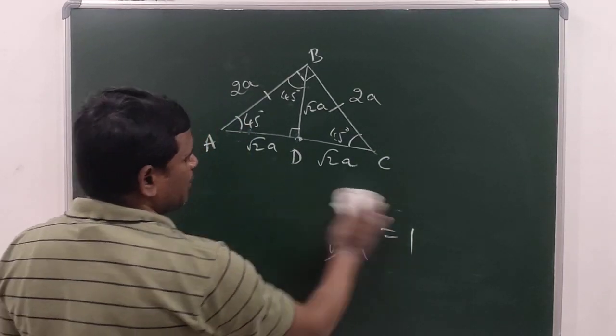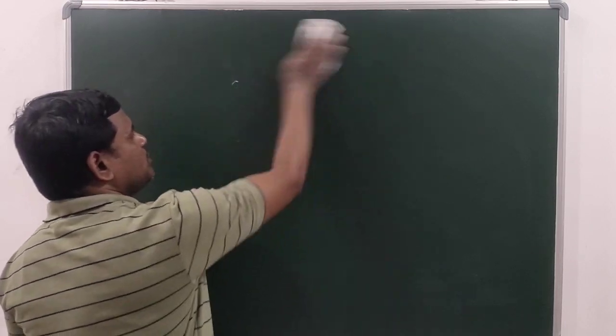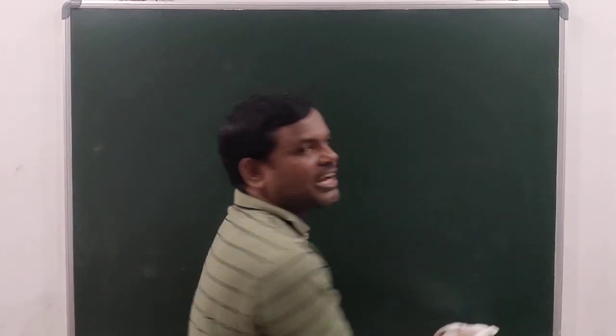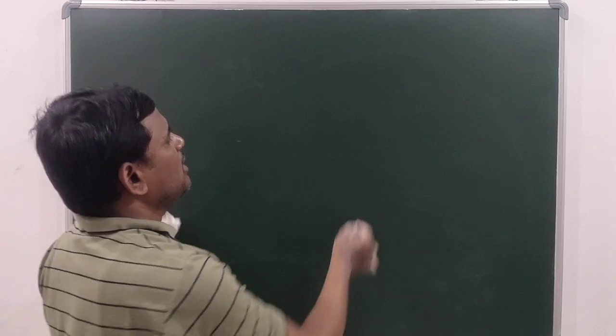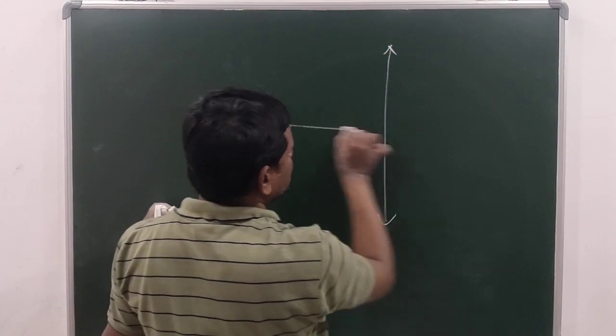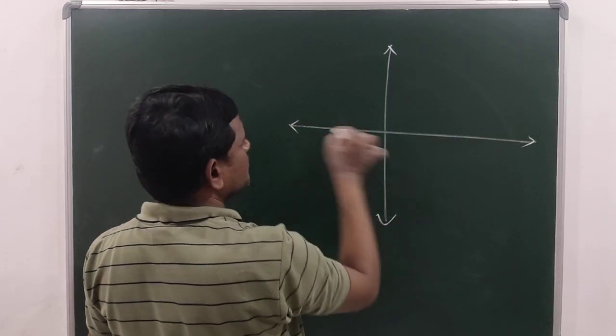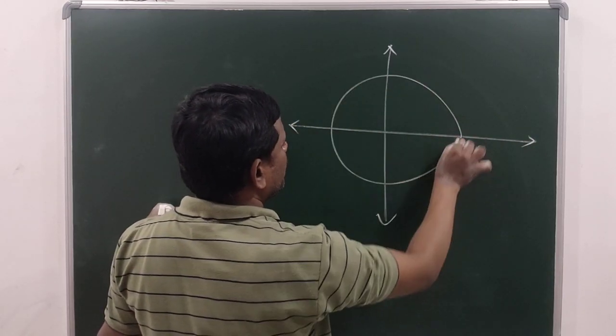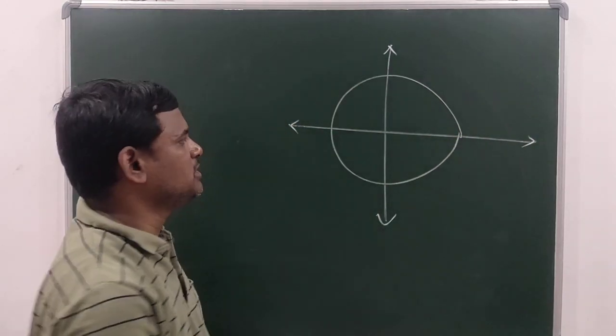Now let us define all these ratios at 0 degrees and 90 degrees. For that, I would like to consider one circle with center origin.